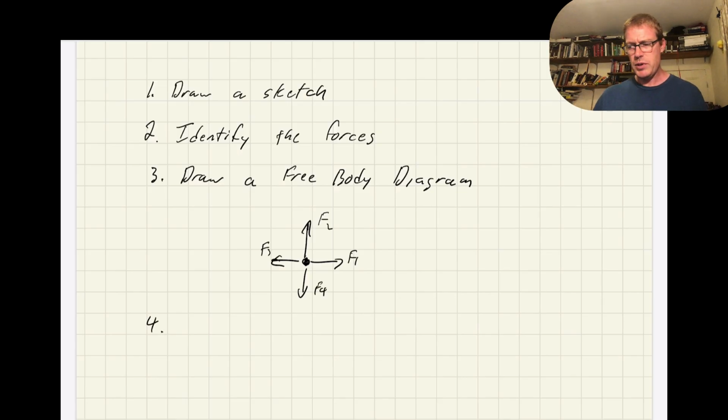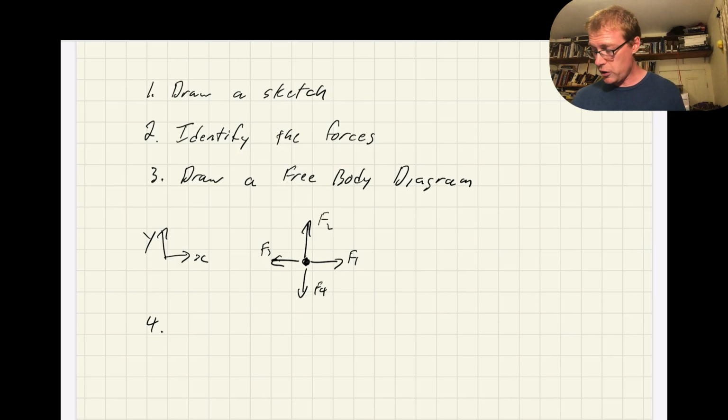The next step is that we decompose the forces into components along some axes. So we draw some axes. And this one I drew here had all the forces along the axes. So maybe I'll draw another one. Say we have something like this.